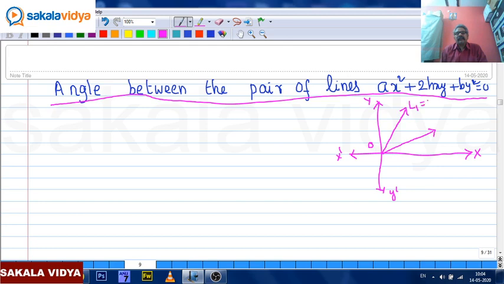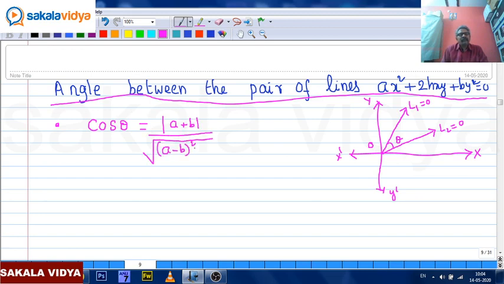Say L1 is equal to 0, this is L2 is equal to 0. This will be the angle between the lines, theta. So we need to find out theta. So first of all, here we can write cos theta is equal to mod of a plus b by root of a minus b whole square plus 4h square.